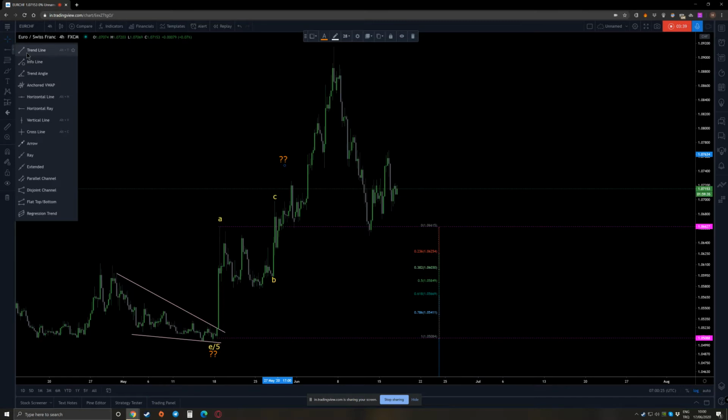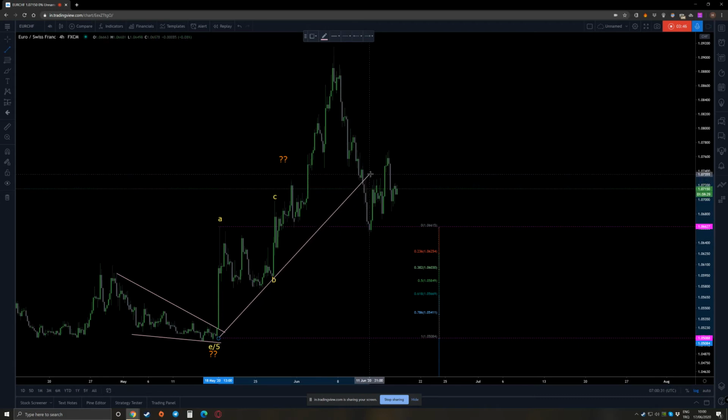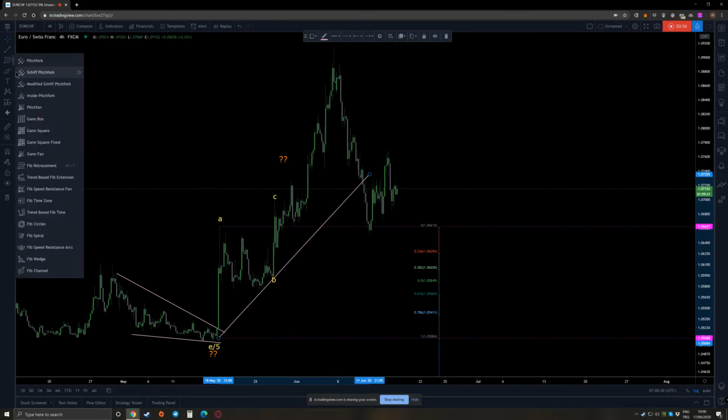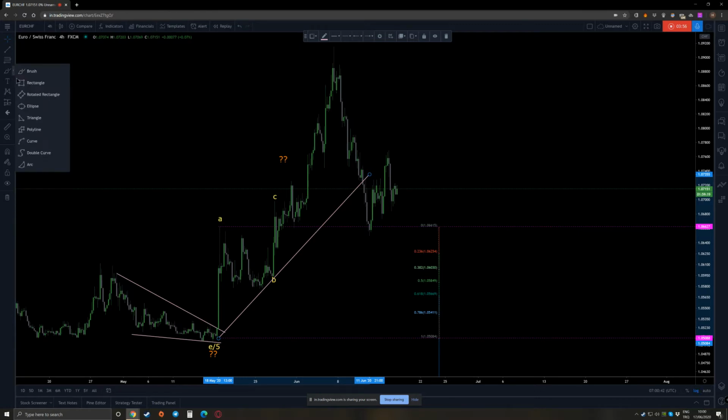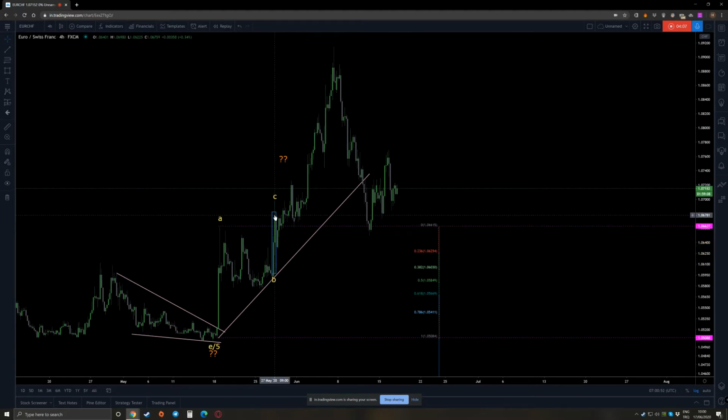So what I need to do for this is take my trend line tool and draw a 0 to B trend line. As you can see, the price doesn't come back in the due time to here. What was the due time? Well, the due time is how much the C wave is taking to form. So 3 candles.